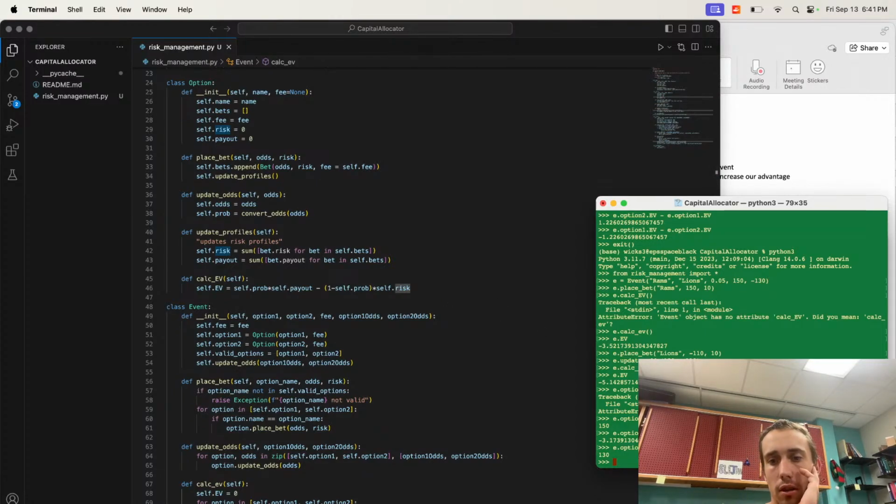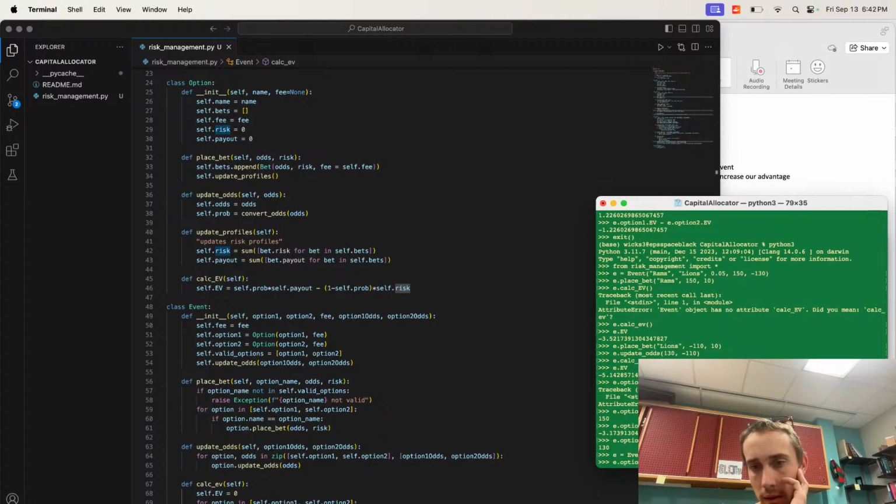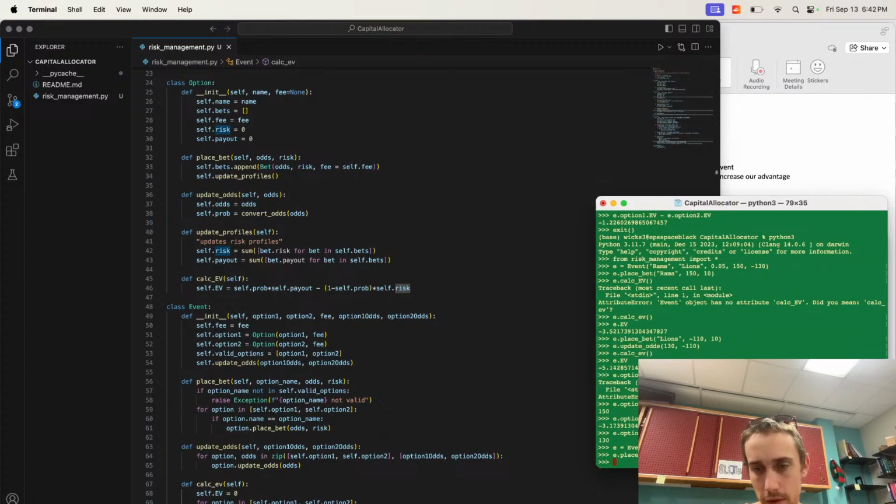So the odds of the bet are plus 150. Current odds are plus 130. So that should move in our favor. So $10 at Rams plus 150.